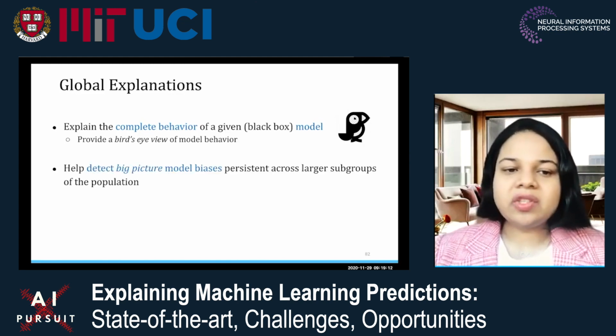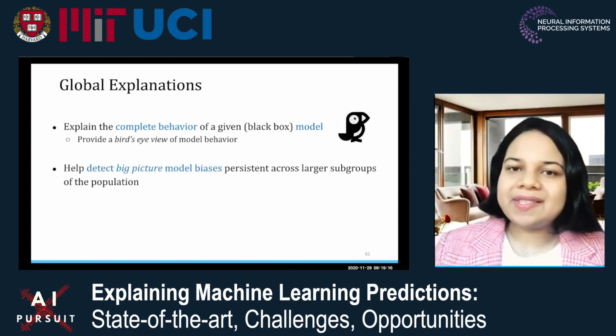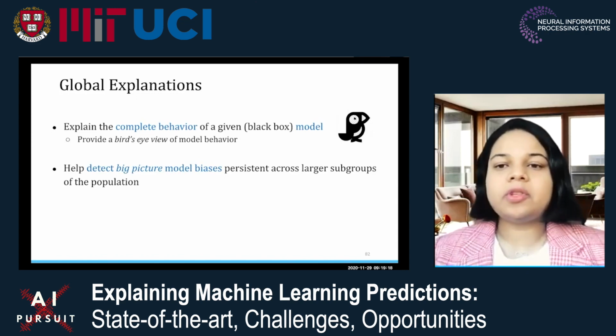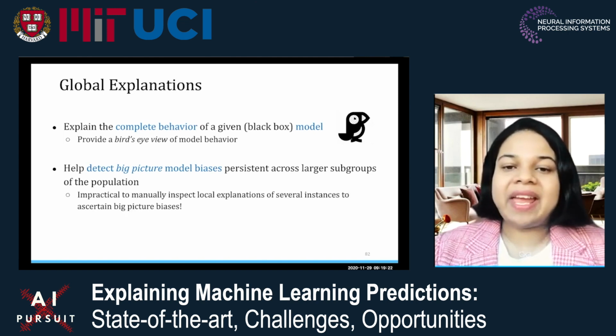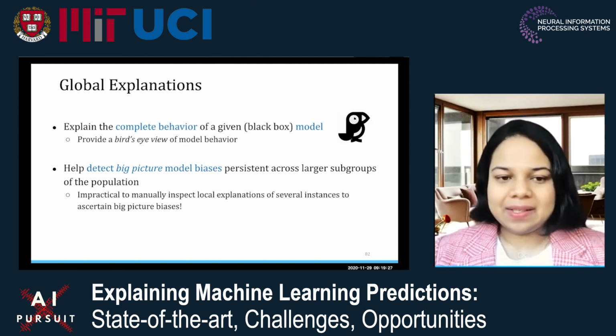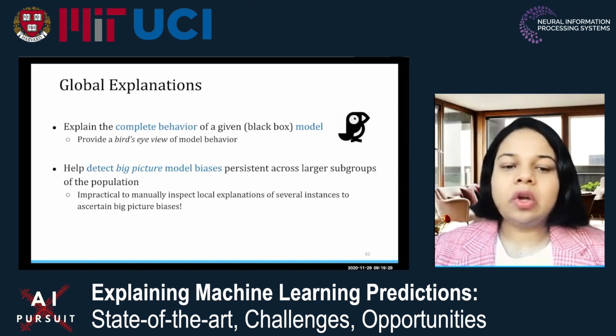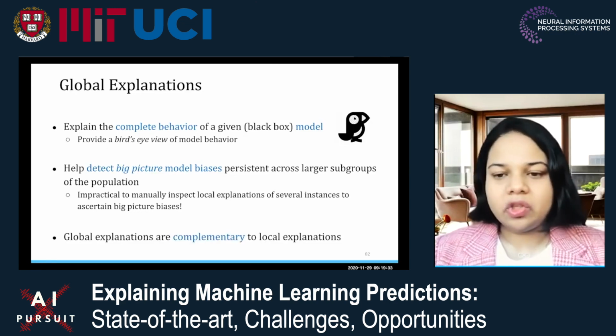And these explanations help detect big picture model biases which are persistent across larger subgroups of population and which are often harder to detect by examining local explanations of several instances. In that sense, global explanations are actually complementary to local explanations.